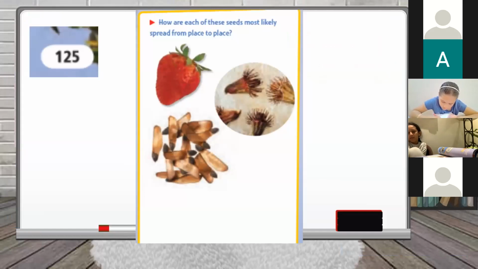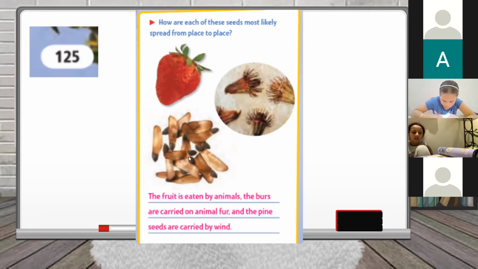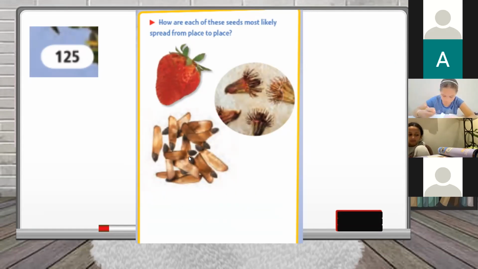Okay, now, how does each of these seeds most likely spread from place to place? Look at the first, the plantain seeds. What do you think? Or the strawberry, or even this one?